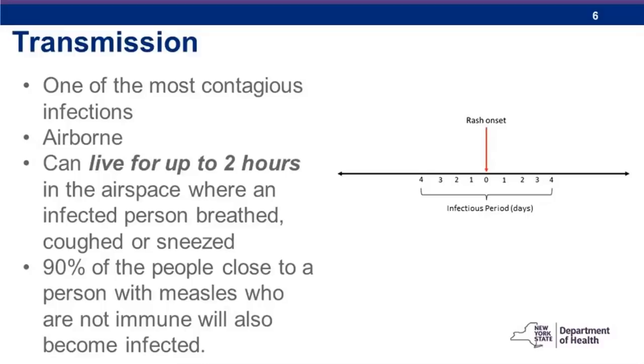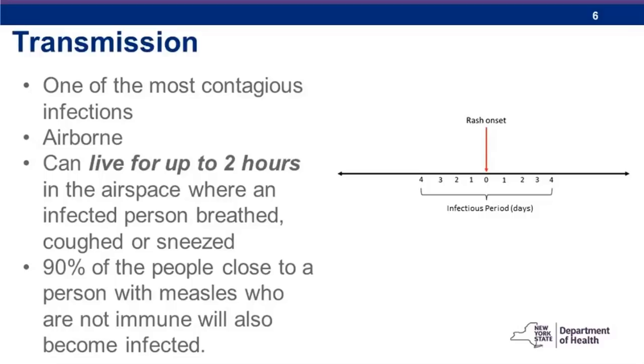It's airborne. That means it's a virus that spreads in the air. And that virus can live in the air for up to 2 hours after a person has left the space. So if you have someone who, say, came into the camp infirmary at 9 o'clock in the morning, and at 10 o'clock you sent them in an ambulance to an emergency room or urgent care, hopefully having notified the urgent care ahead of time that they might have measles.